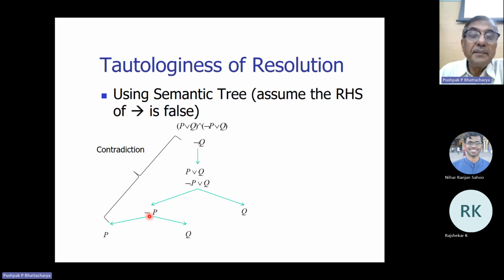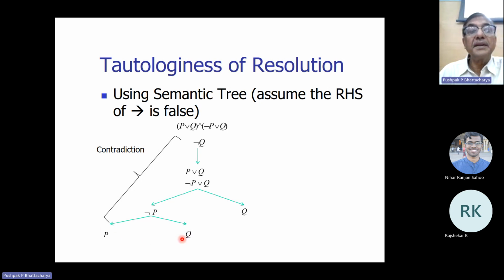It can be true either by not P being true or Q being true. Okay, then not P is here. And P or Q needs to be processed now. Now P or Q can be true either by P being true or Q being true. So you write the children as P and Q.